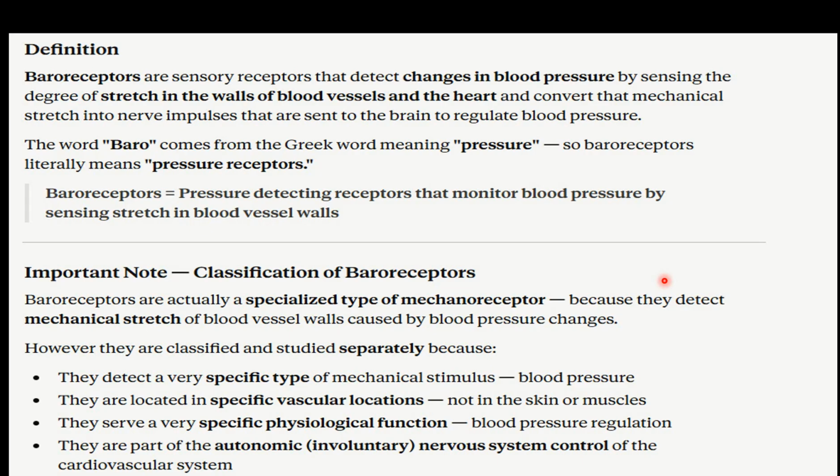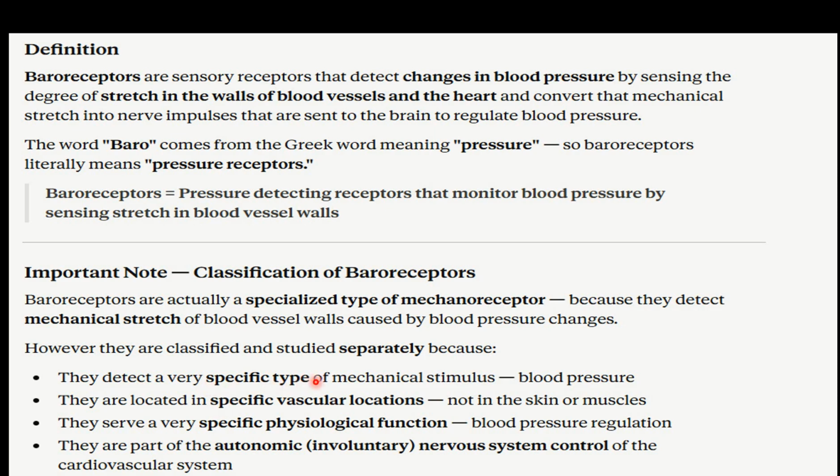Baroreceptors are actually a specialized type of mechanoreceptor because they detect mechanical stretch of blood vessel walls caused by blood pressure changes. Okay, however they are classified and studied separately. Now some of you might be thinking, we have already covered mechanoreceptors, so why are we learning this separately, why is it not considered in that part? Because there are some reasons. So what are the reasons?